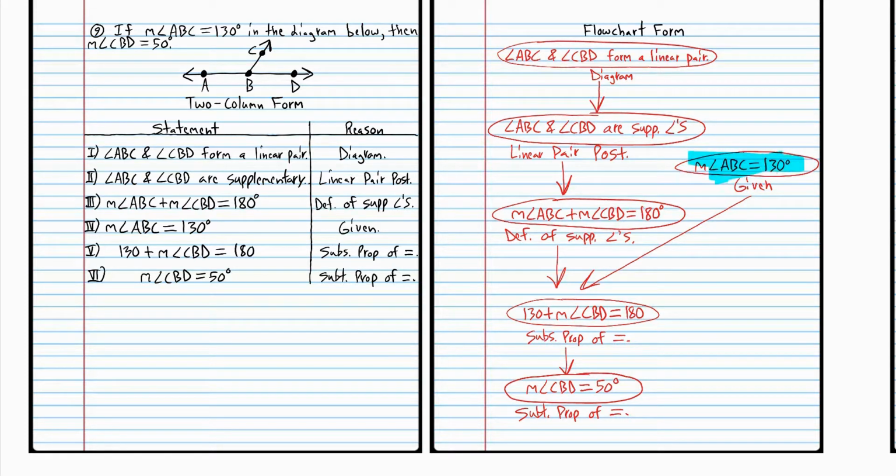But we need this information and this information to show why this is true with the substitution property of equality. So that's why these two are joining together to make the bubble here. And if we subtract 130 from both sides, it follows that the measure of angle CBD must be equal to 50 degrees.